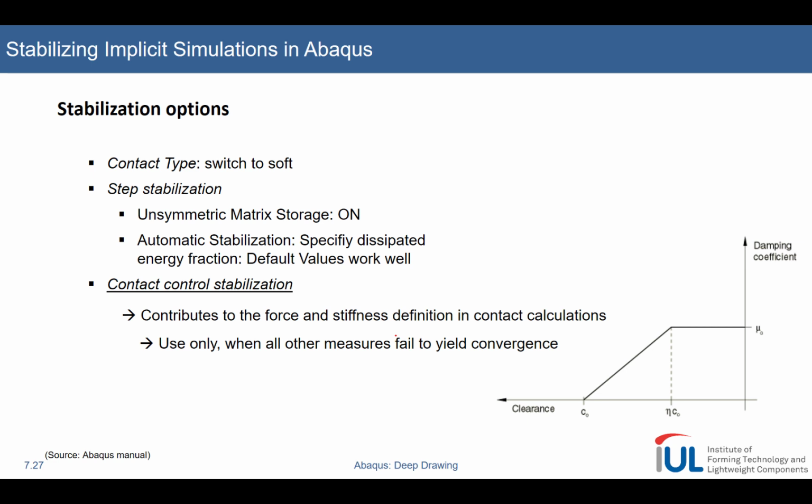And the Abaqus manual, as well as I, would recommend to use that approach only when all other measures fail to yield convergence or physically accurate results. So in some cases, if you only do this here, you might get convergence, but the results aren't physical.